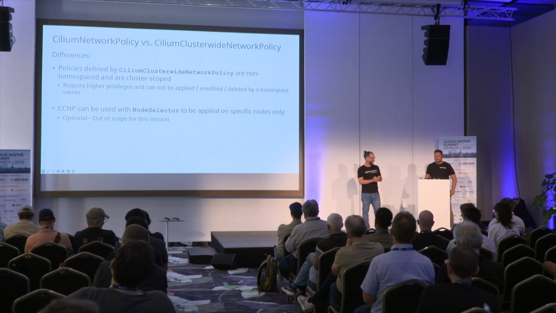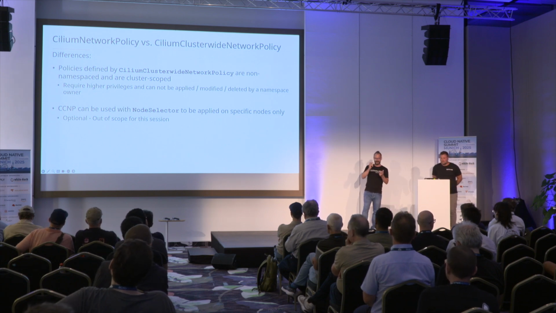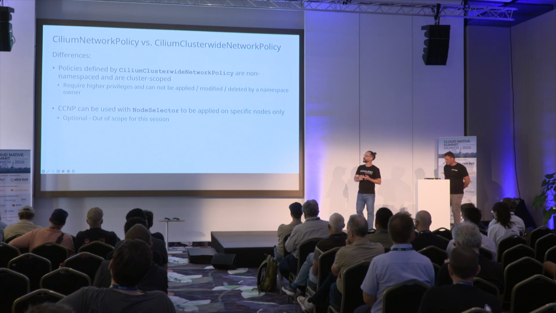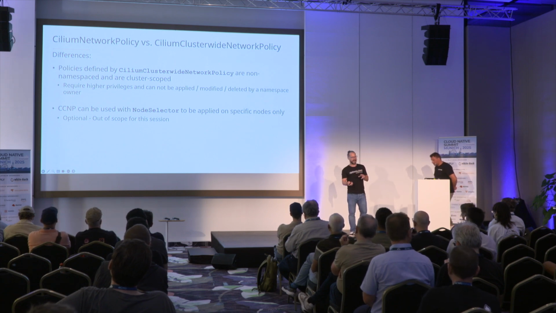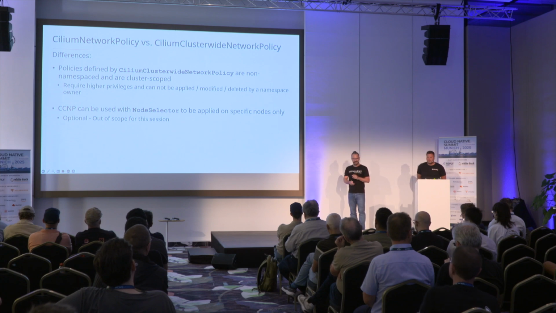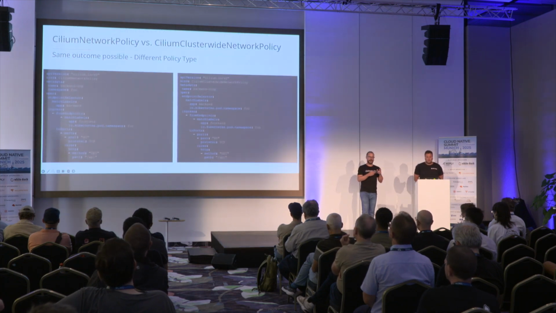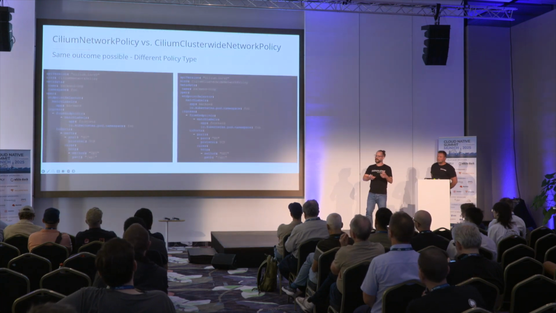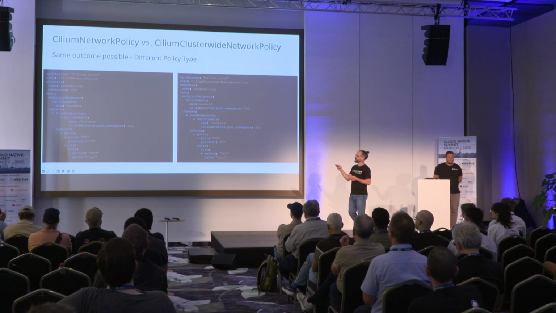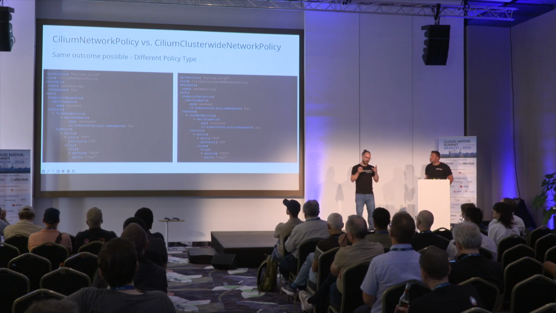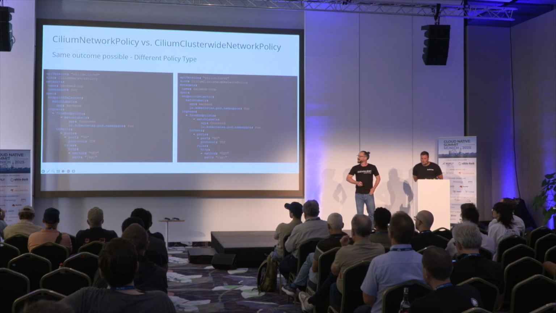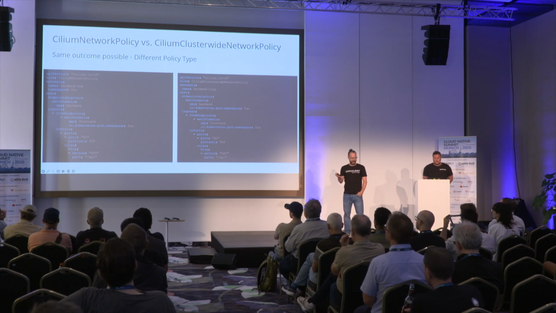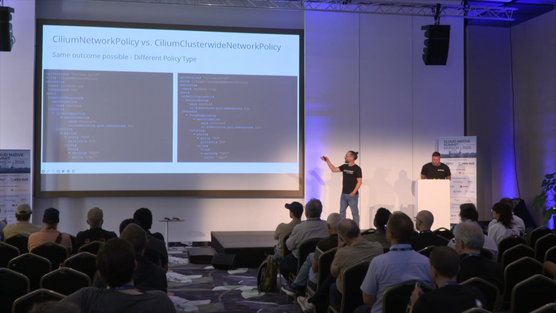Cool. Then, I said they have the same priority and the same enforcement point, which in turn means we can get the exact same outcome with a Cilium network policy and a cluster-wide network policy. In this example on the left side, you see a, I would say, traditional namespaced Cilium network policy living in the namespace foo, targeting my backends.